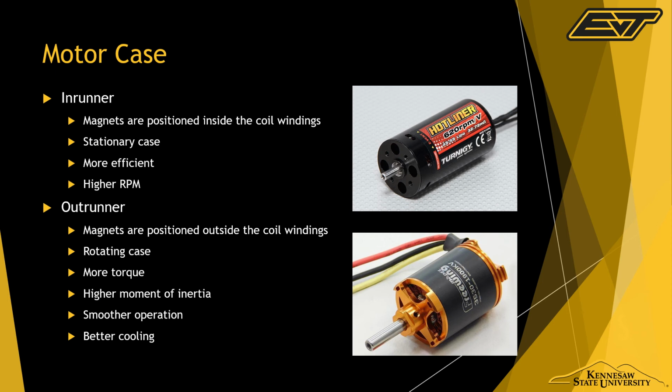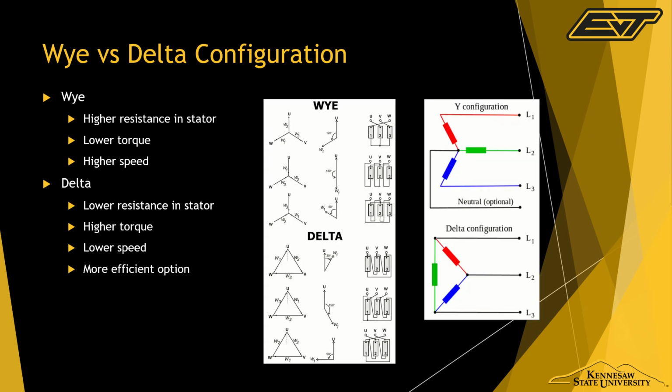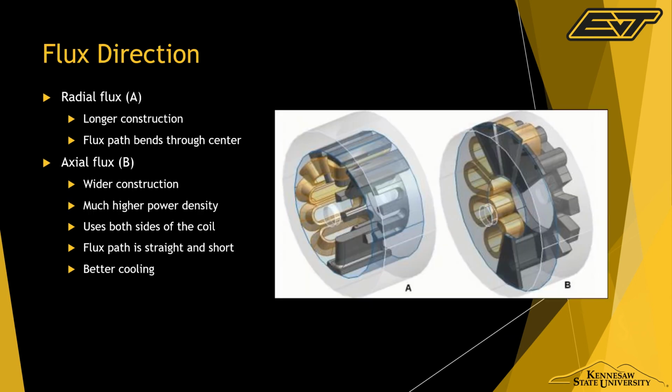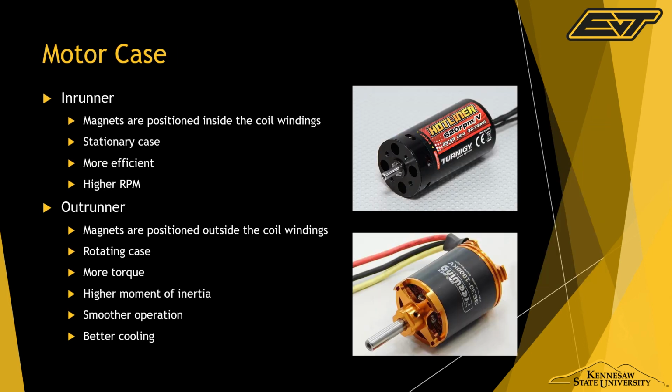So in-runners, the magnets are positioned on the inside. The permanent magnets, I'm only talking about brushless DC, or as I call them, AC motors.